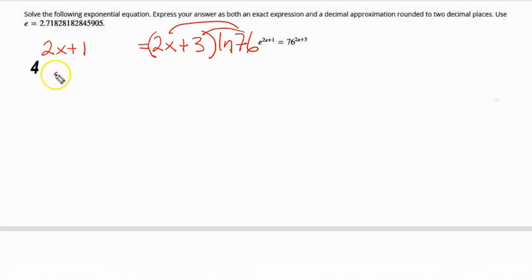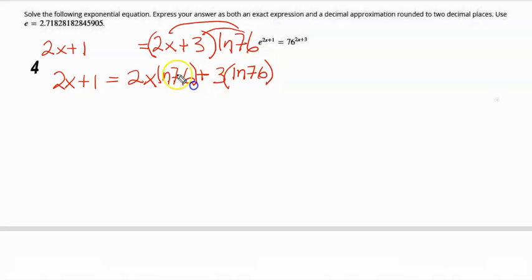So our next line is 2x plus 1 equals 2x times the natural log of 76 plus 3 times the natural log of 76. Now I could put these in parentheses or just leave them like that. Don't get confused.